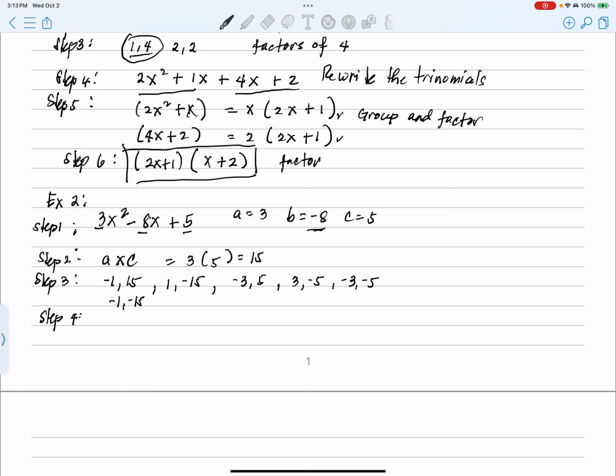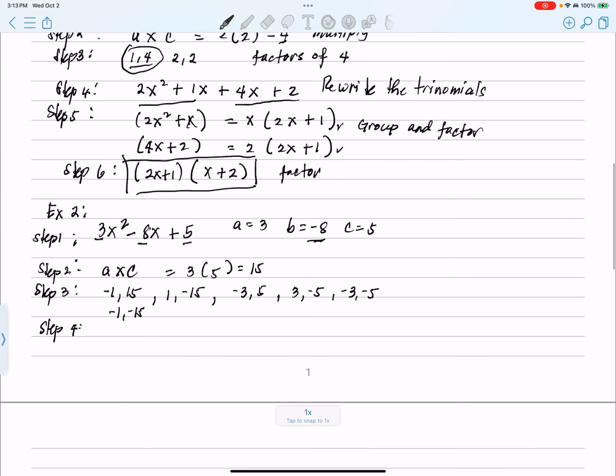Negative 1 and 15, no. Negative 3 and 5, when we add, that's positive 2. 3 and negative 5, when we add, it will give us negative 2. Negative 1 and negative 15 will give us negative 16. Negative 3 and negative 5 will give us negative 8.